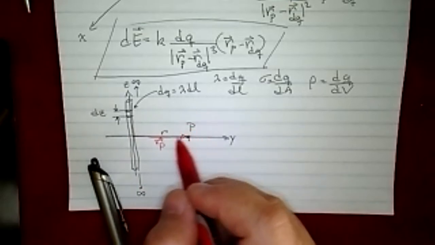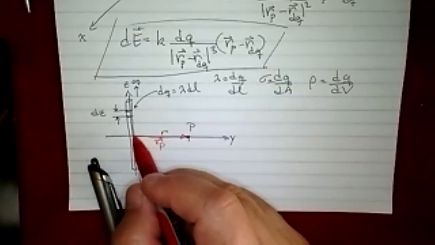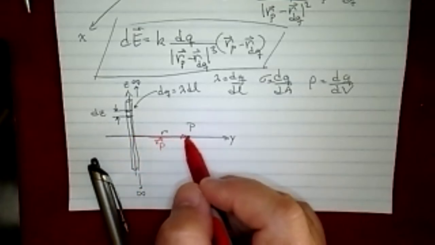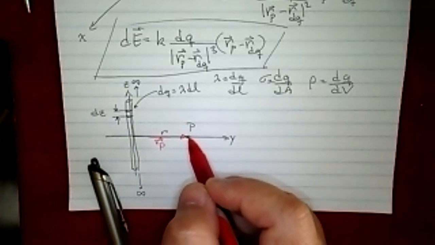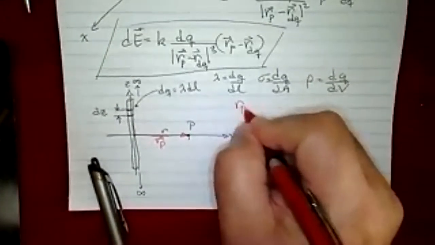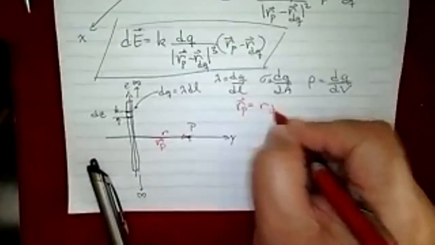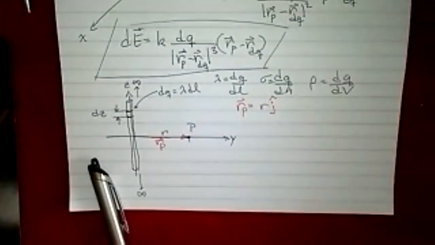So in this case, this one only has a y component. That y component is r, and this is all at the origin. So this point is 0, 0, 0, and this point is 0, r, 0. So if I subtract that, I just get r_P is equal to r j hat. Easy peasy.